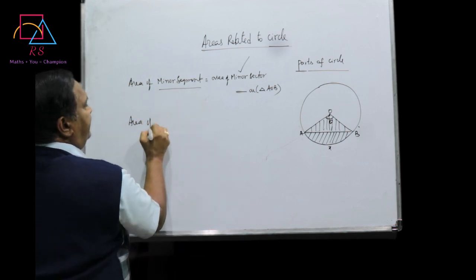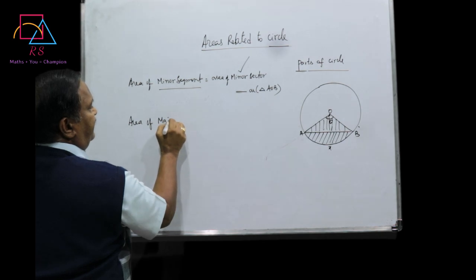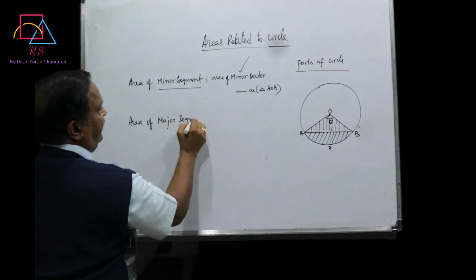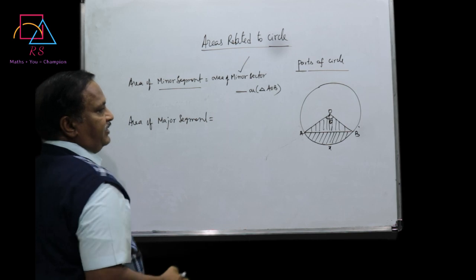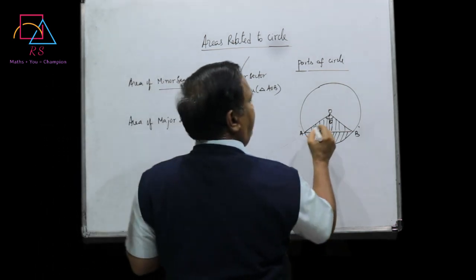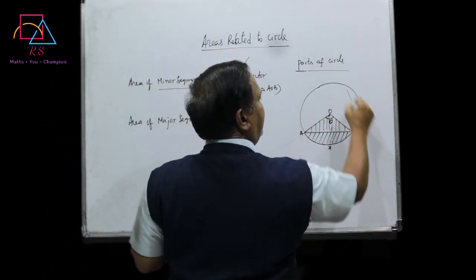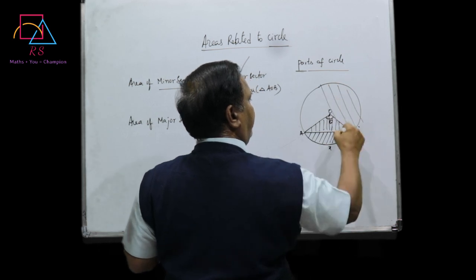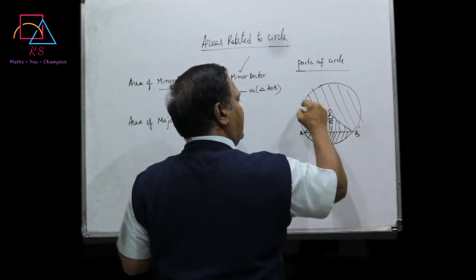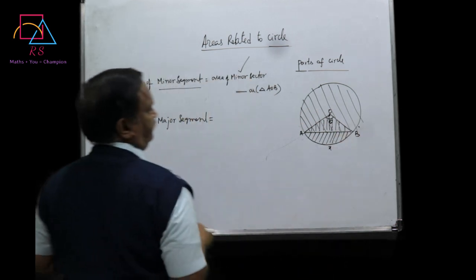Now area of a major segment. Even major segment also, the remaining thing is major segment, like this entire thing is major segment. This major segment contains the triangle.